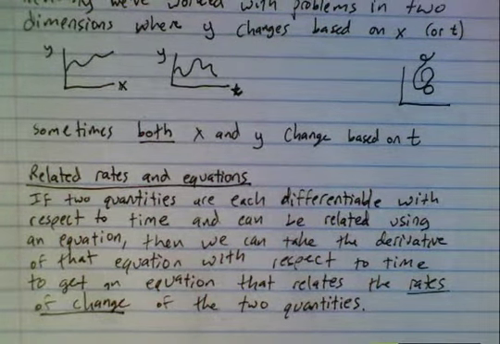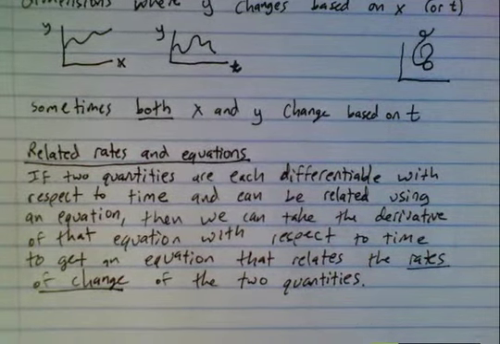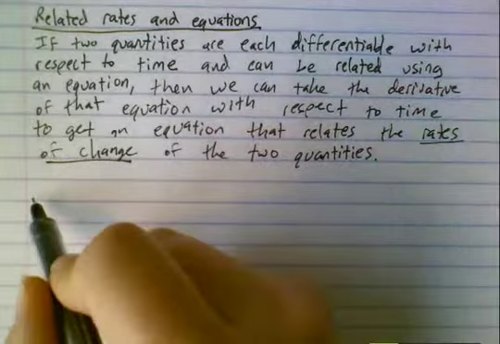And we're going to see how to do that in a minute, but the first thing we have to do is review a prerequisite skill for these types of problems.